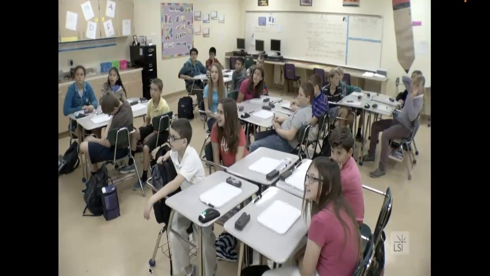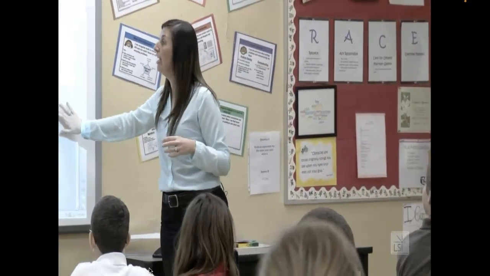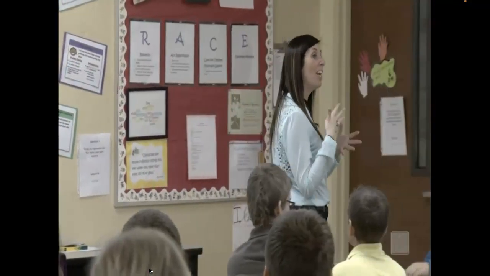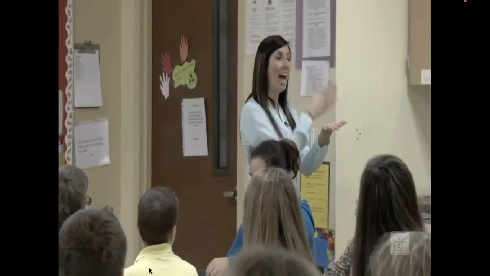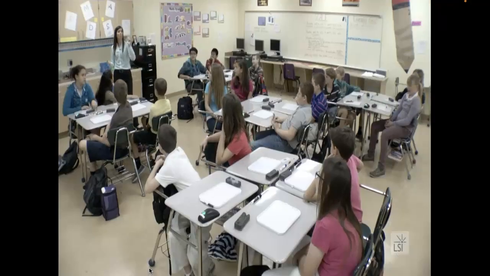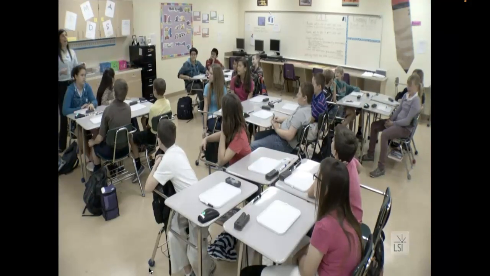So after we identify the relationship between the variable and the number, the next thing we're going to do is ask yourself, what is the opposite of that relationship? When I talk about the opposite of that relationship, I'm saying if it's adding, we do the opposite, subtract. So I'm going to ask you now. If I say multiply, what is the opposite of multiply? Divide. How about divide? Multiply. Subtract? Add.